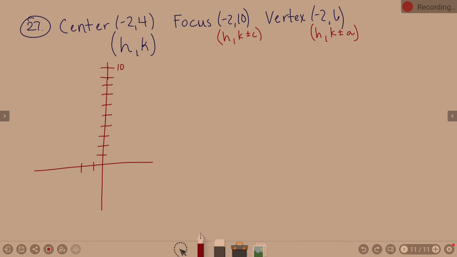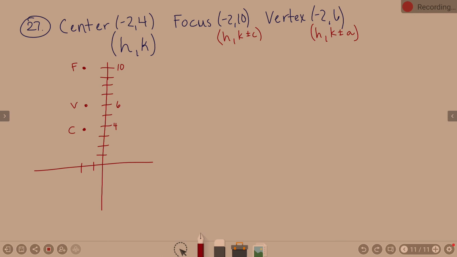So at negative 2, 4, we have a center. At negative 2, 10, we have a focus. And at negative 2, 6, we have a vertex, right?